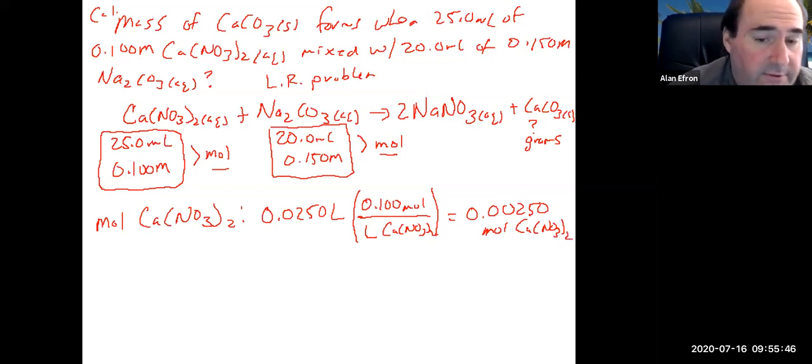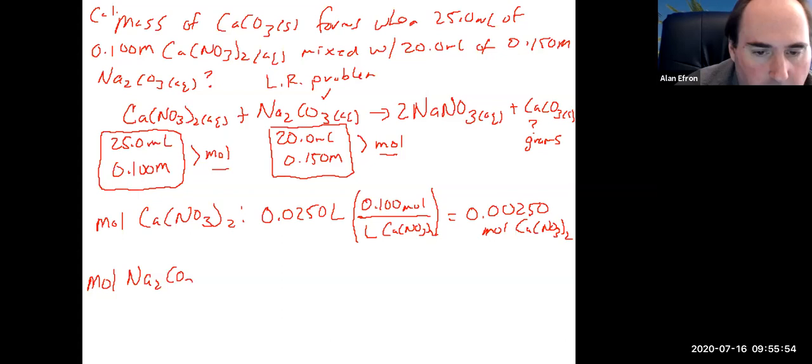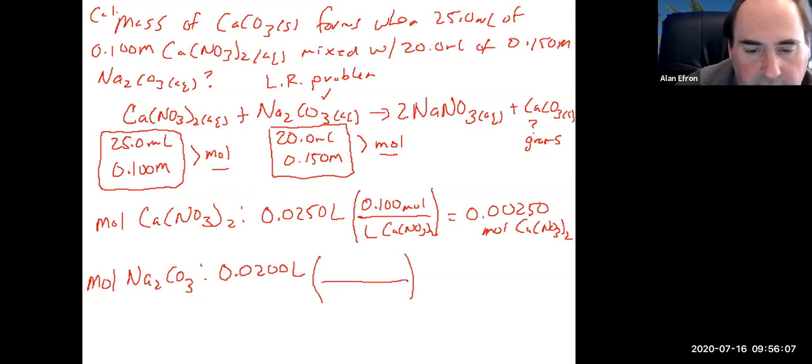Now, because we could also do that for our other reactant, we're going to do that as well. So the moles of sodium carbonate will be, same deal, we're going to convert our milliliters into liters, 0.02 liters. Going to use the molarity there to get our moles, so 0.15 moles per liter.